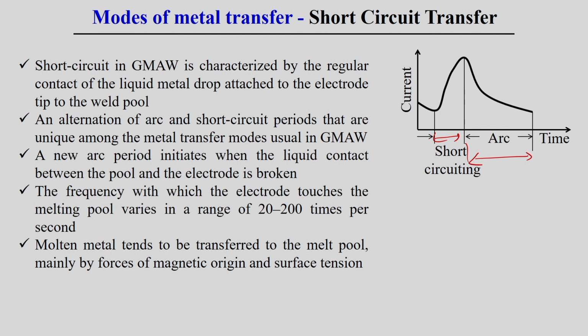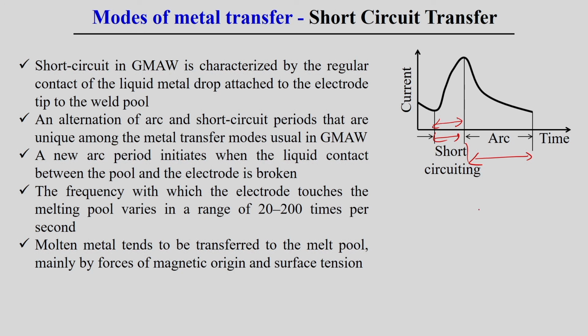This is normally associated with the short circuit mode of metal transfer in the gas metal arc welding process. A new arc period initiates when the liquid contact between the pool and the electrode is broken. The arc is maintained once the droplet is transferred, that is, when the short circuit breaks. It means the liquid metal has transferred to the workpiece.